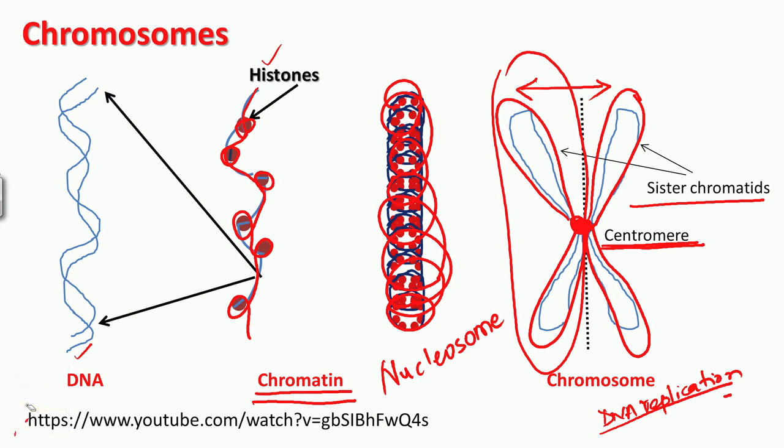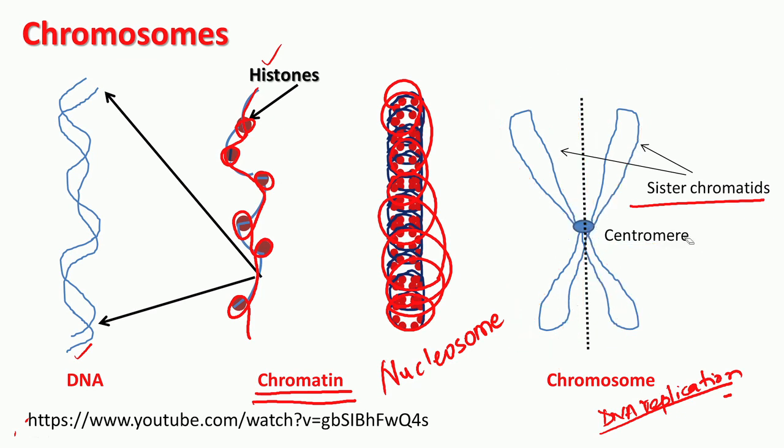So, if I were to erase all this and again try to highlight this axis, it is here that at the time of cell division, the chromosomes will separate, and I will come to this when we talk about mitosis.